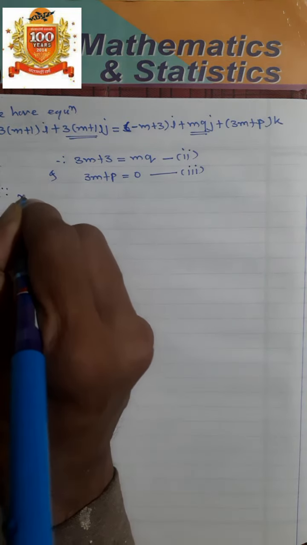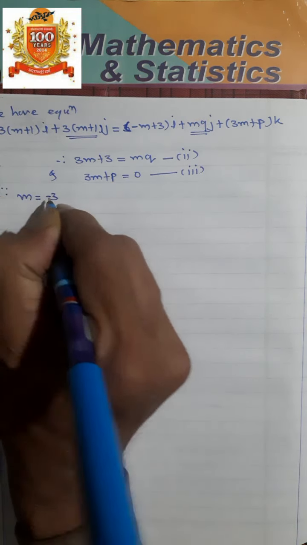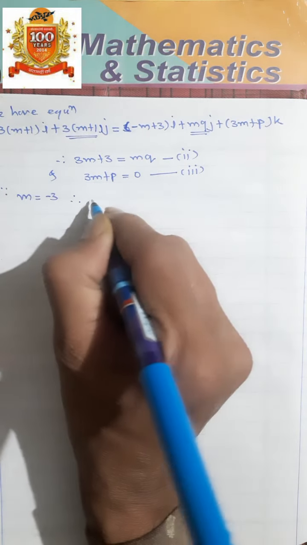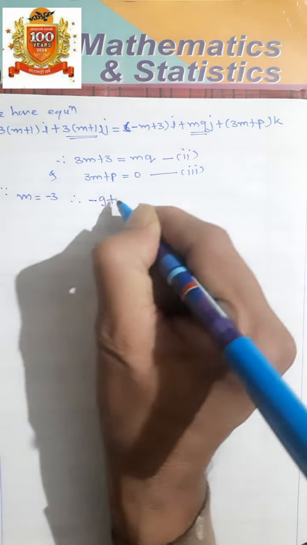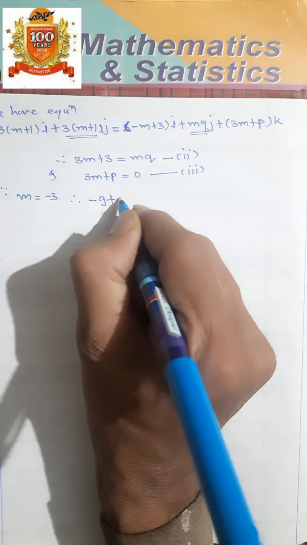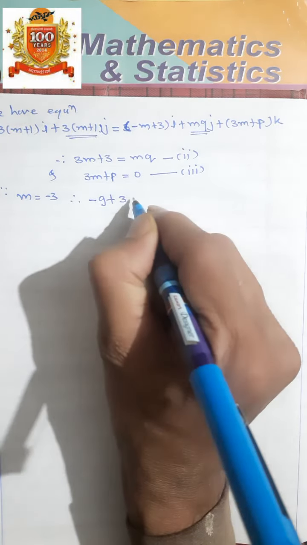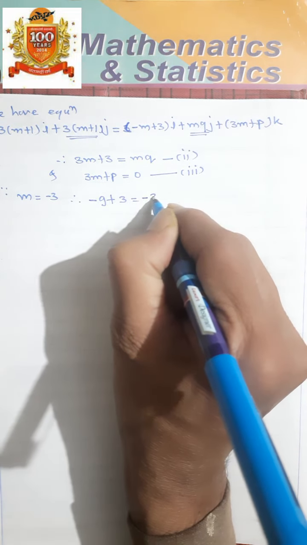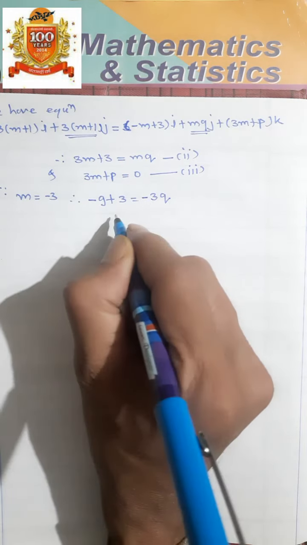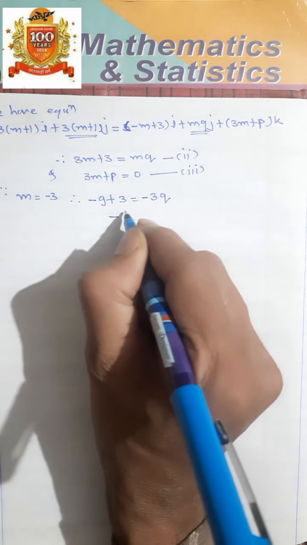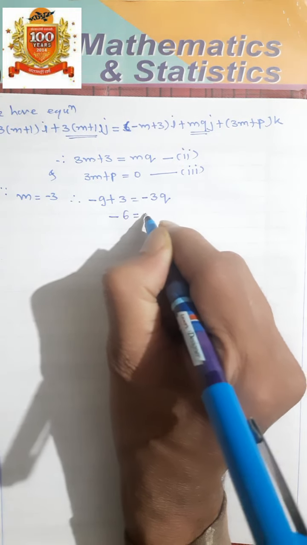Since m is equal to minus 3, therefore minus 9 plus 3 is equal to minus 3q. Minus 6 is equal to minus 3q.